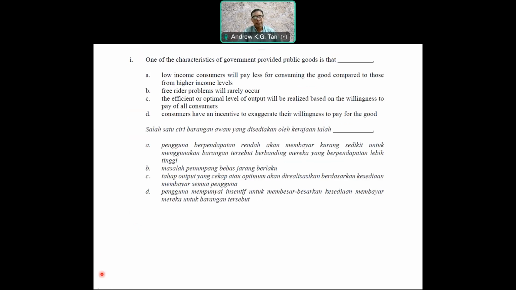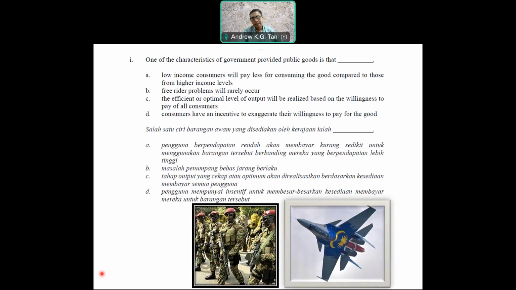Now let's look at the objective questions. Objective question number 1. One of the characteristics of government-provided public goods is that what? So examples of government-provided public goods are, let's say, national defense, pertahanan awam, right?